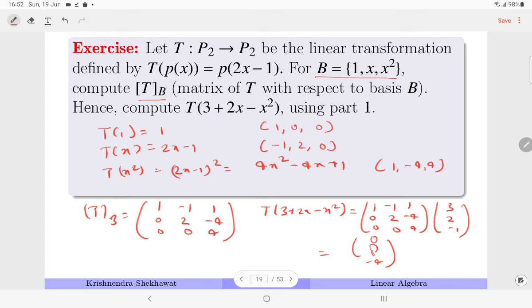It means that this gives you the coordinates with respect to basis B, and what you are looking for is the vector. So T of 3 plus 2x minus x square is 0 plus 8x minus 4x square.